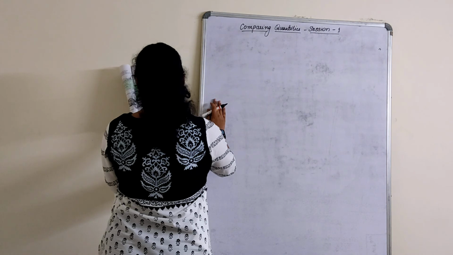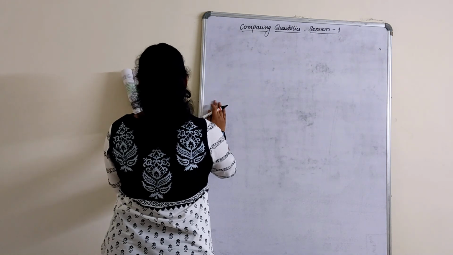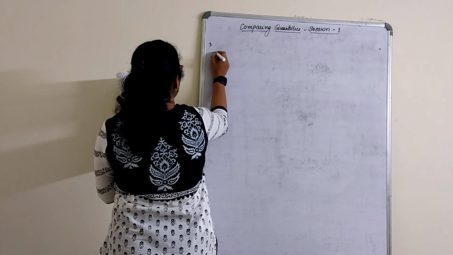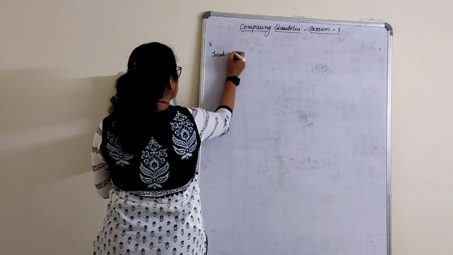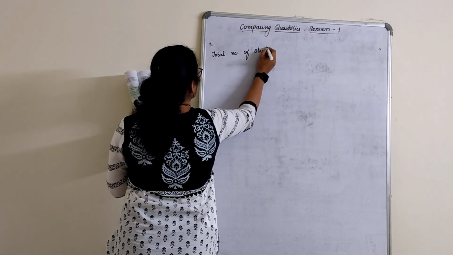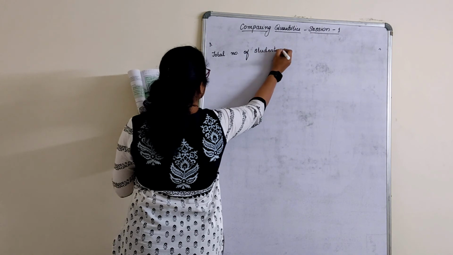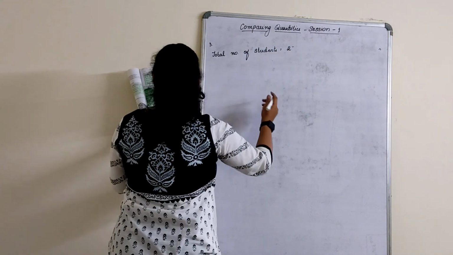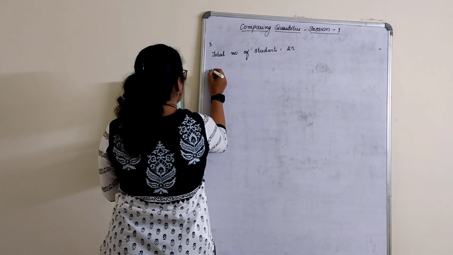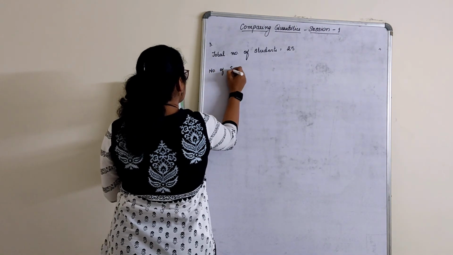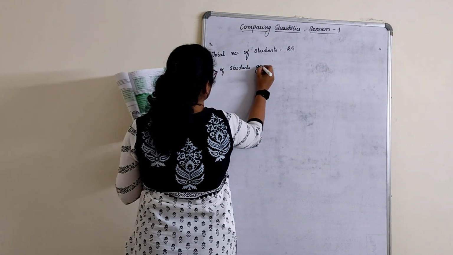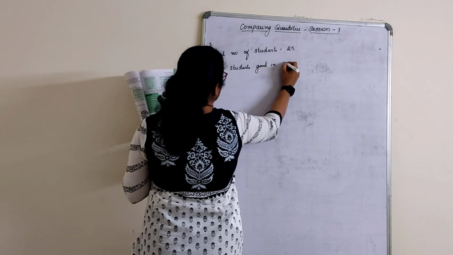72% of 25 students are interested in mathematics. How many are not interested in mathematics? So first of all, total number of students. How many? 25. So number of students good in mathematics.